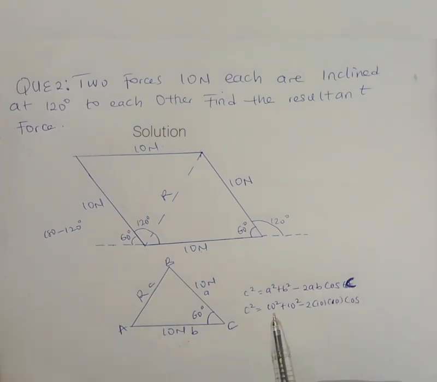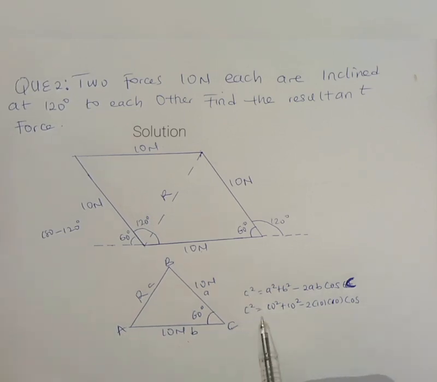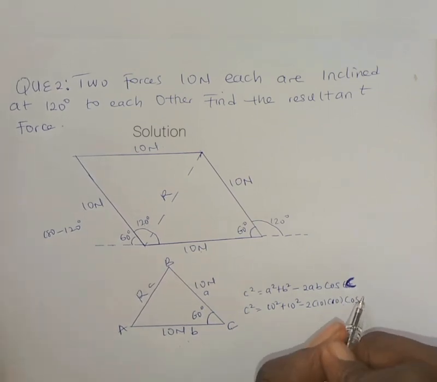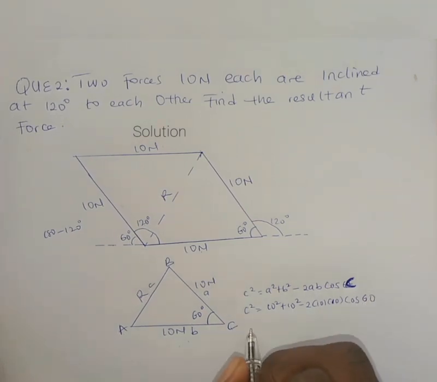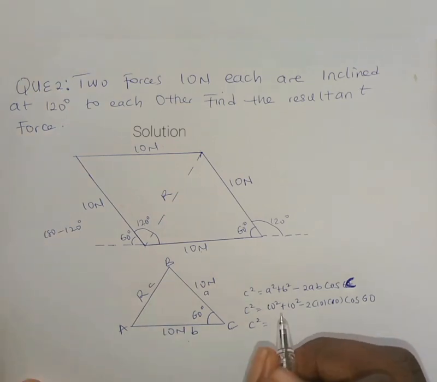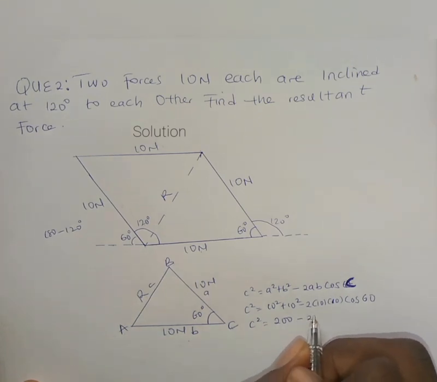In the cosine rule, please take note, the angle is opposite the side we are looking for. The side we are looking for is side c, so the angle will be angle c. So it will now be cos 60. Now solving this, c squared equals 10 squared is 100 plus 100, we have 200, minus 200 cos 60.